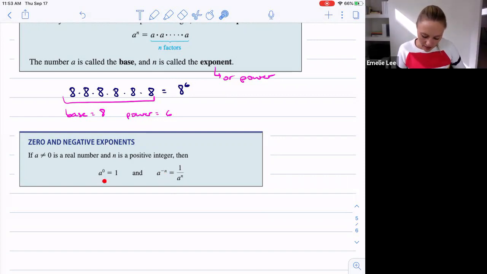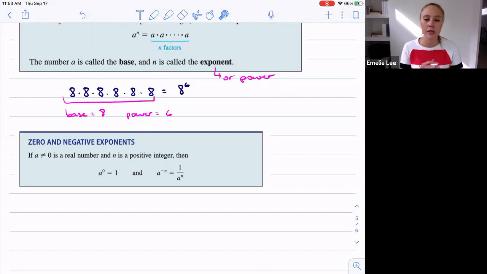Another kind of fun thing is that anything to the power of 0 is just going to be 1. Unlike 4 times 0, that's just 0, right? But 4 to the power of 0 is just 1. As long as, of course, the base is not 0.